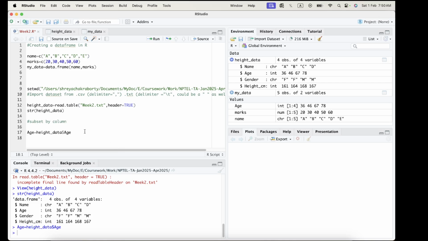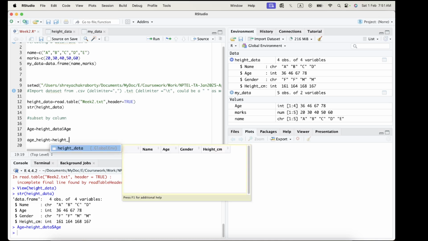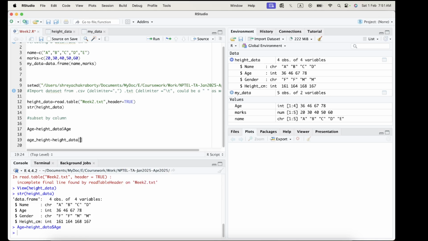Now let's say I want the age and height in a separate data frame. So I can write age height, this is the name of the new data frame, height data within square brackets. First I'm going to give a comma. Comma represents all rows, and then I'm going to specify the columns.